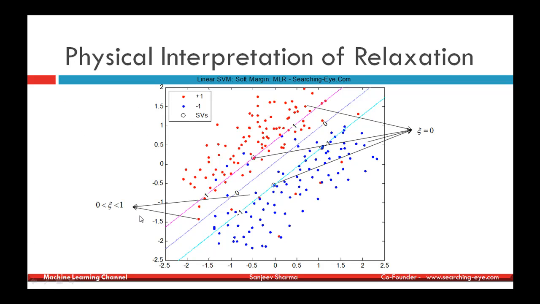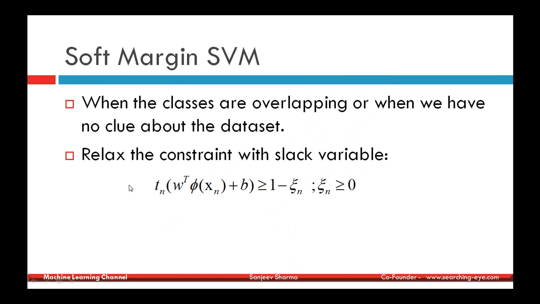For example, this point and this point are correctly classified but they lie inside the margin, therefore they will have the value of eta between 0 and 1, because they need to satisfy this constraint, and tn times y of xn is going to be less than 1, and therefore eta will take a value greater than 0.